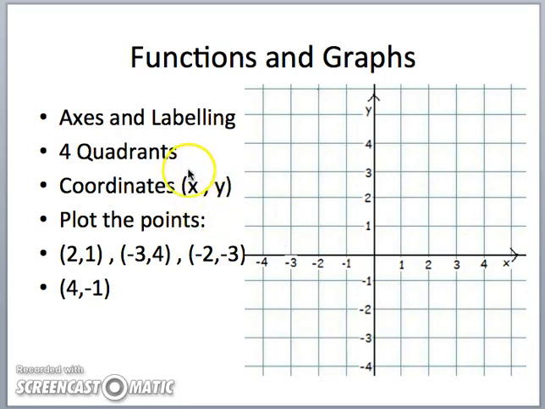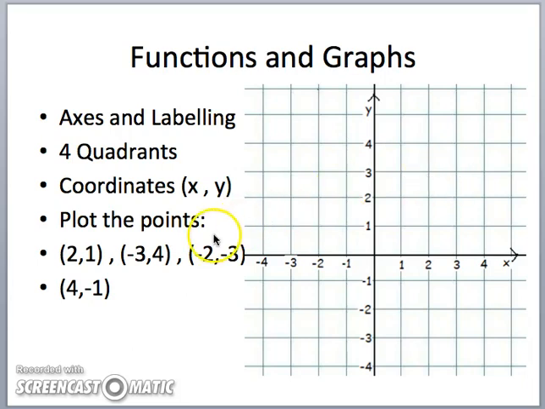As you can see, we write coordinates in pairs of numbers with brackets around them. The first coordinate is the x coordinate, and then the second coordinate is the y coordinate. So we read along the x-axis and then go up the y-axis. You might have heard "along the corridor and up the stairs."